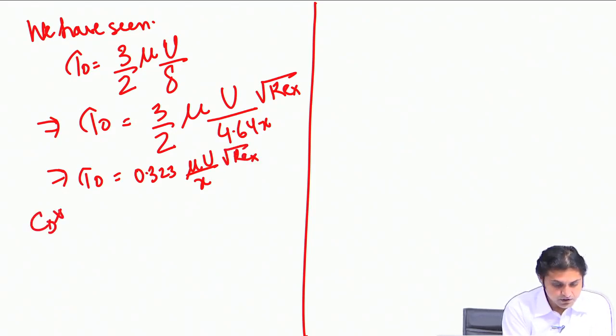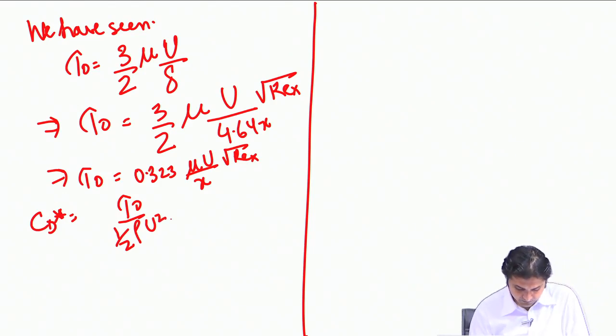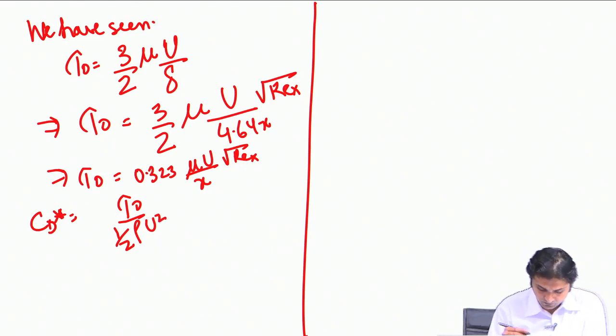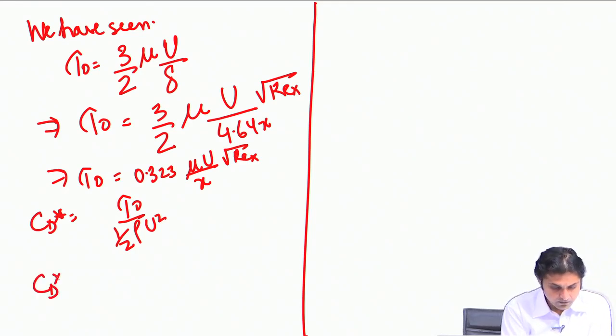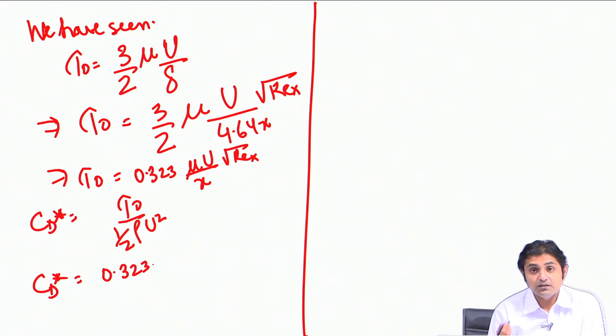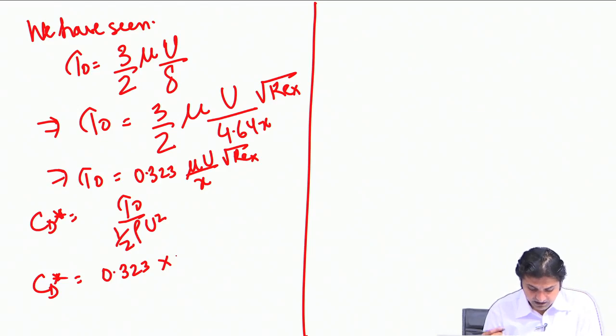Now what is the local coefficient of drag? Tau naught by half rho U square, correct? So CD star is tau naught, 0.323 mu capital U by x under root Re x, divided by 0.5 rho capital U square. Basically this is a derivation of steps for some results which I showed you directly, and I skipped it so that we could solve it as a question.